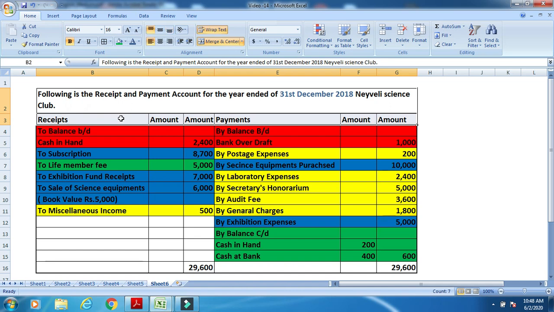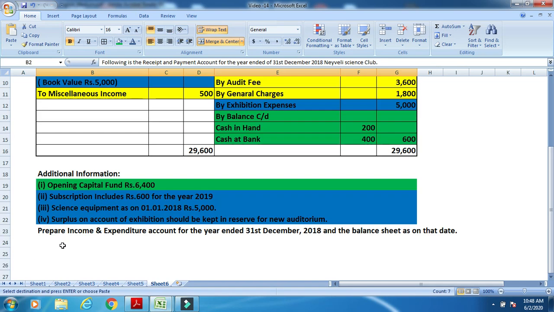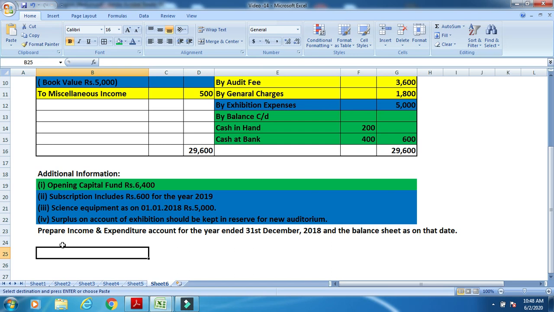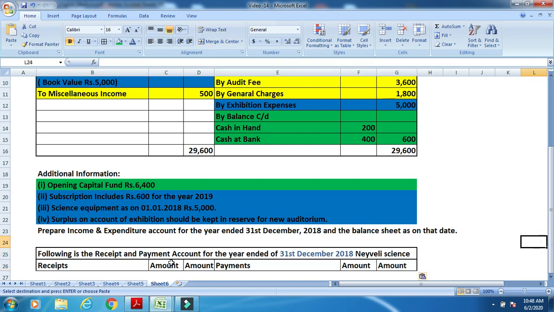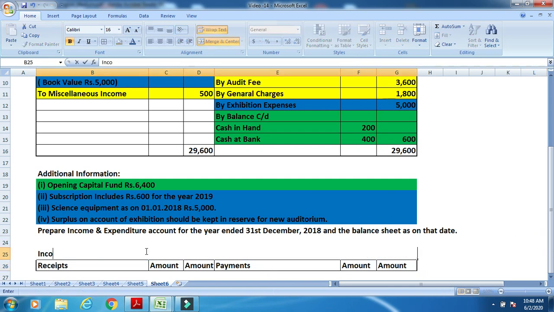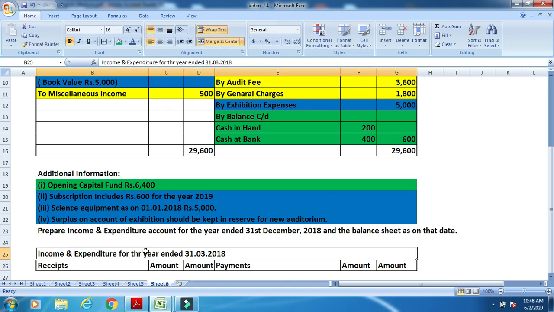The title should be written as income and expenditure account for the year ended 31st December 2018. 2018 is the current year.